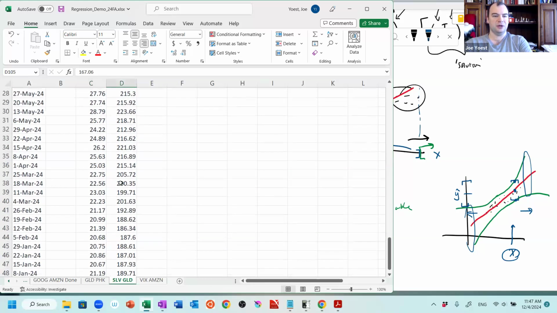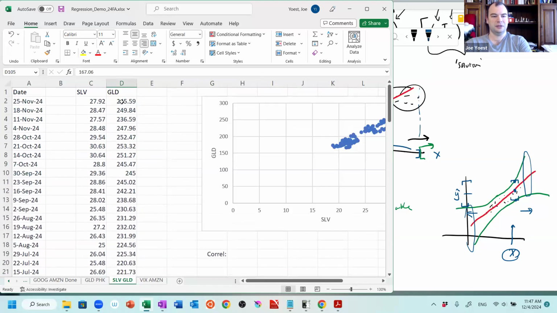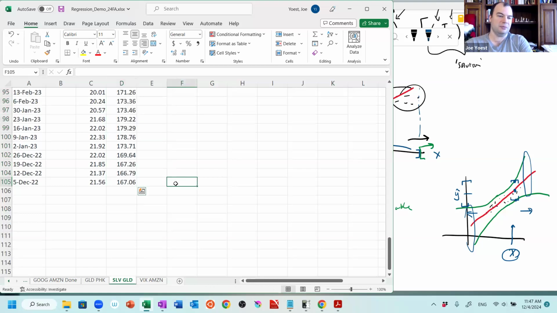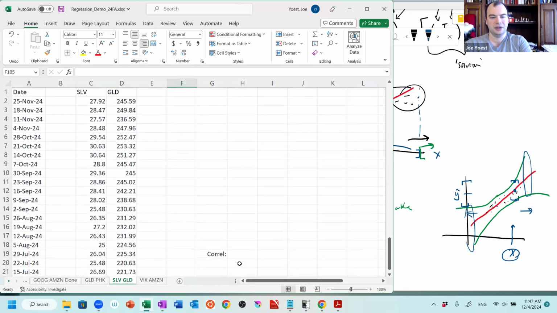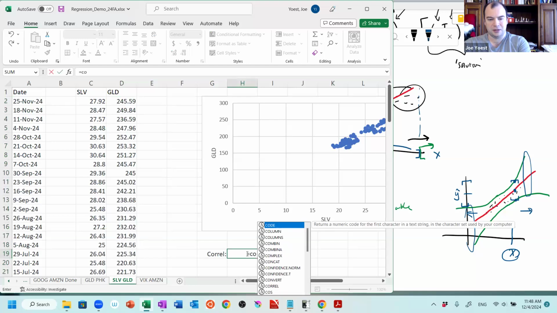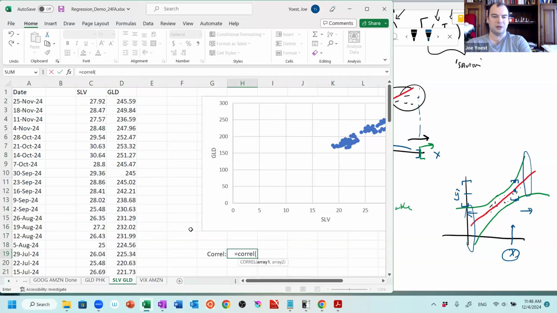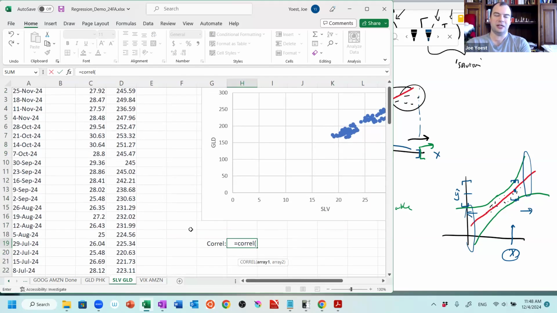And then do the same thing with gold, click at one end, hold shift and click at the other end and call this like GLD. So I could rename my data sets if I wanted to. And that makes it a little less cumbersome to do all of that while I'm inside of my function and might click something a little wonky and mess up my function.